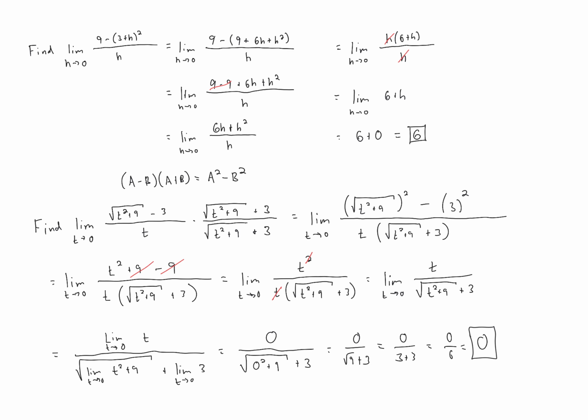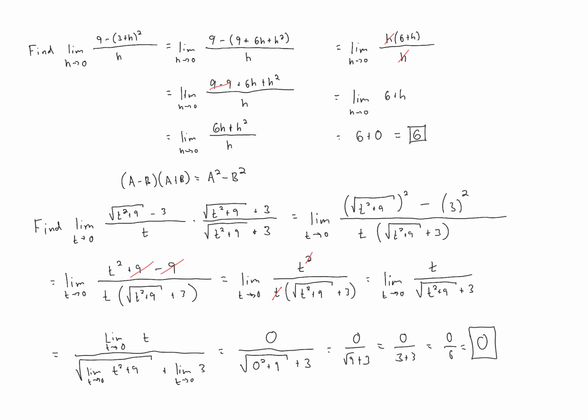And I want to say two more things really quick, one about this particular problem and one about these in general. In this particular problem, if we go back to the beginning, remember that the trick that we used here when there was a difference involving a radical was multiplying by the sum involving that radical.